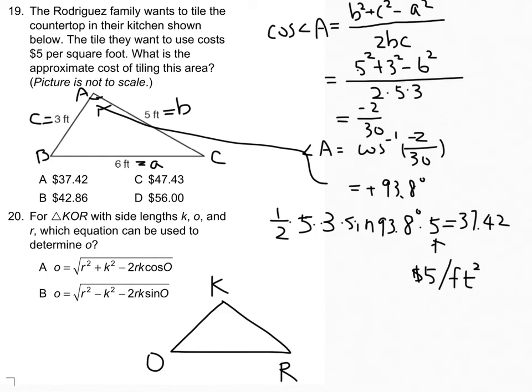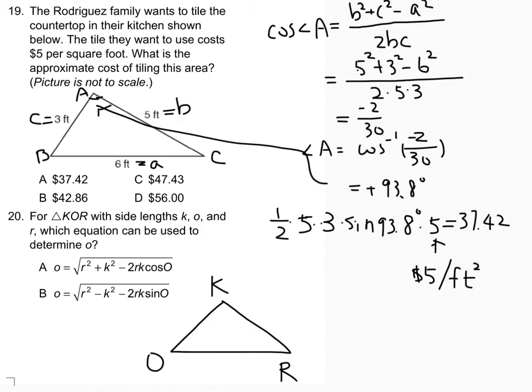Cosine A, so side A is the largest because the sides are 3, 5, 6. So 6 is the longest side. So cosine of angle A equals B squared plus C squared minus A squared, the whole thing divided by 2BC. Plug in the numbers. You can calculate using your calculator. Angle A turns out to be 93.8 degrees.